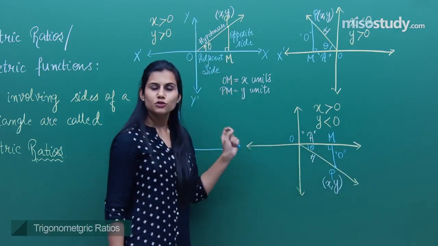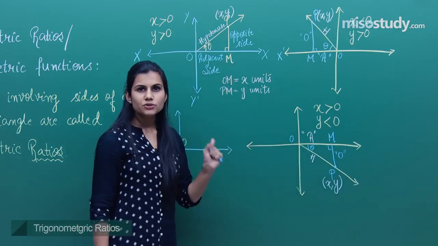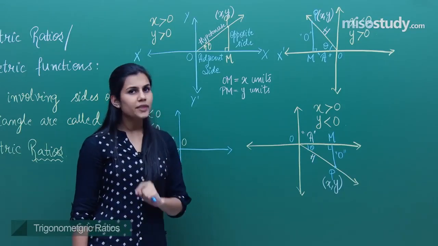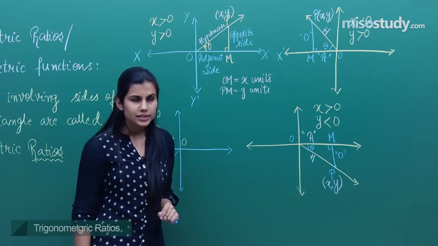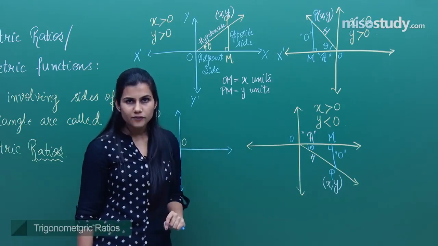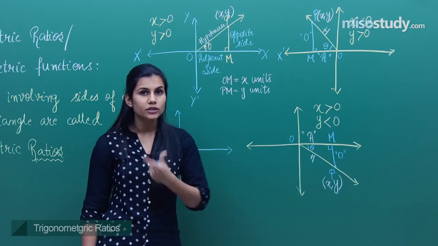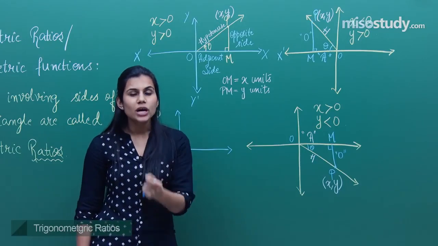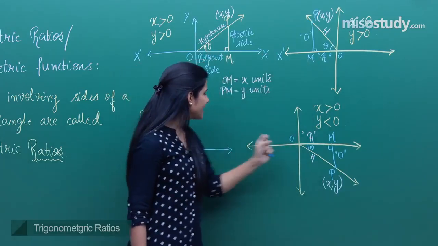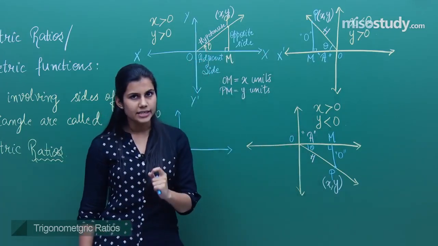Once we have understood all of this, it's time to start understanding trigonometric ratios. But one thing should be very, very clear in your mind. I was able to name the sides of this triangle of reference as the opposite side or the adjacent side just in respect of this angle theta that I chose in the very first case.